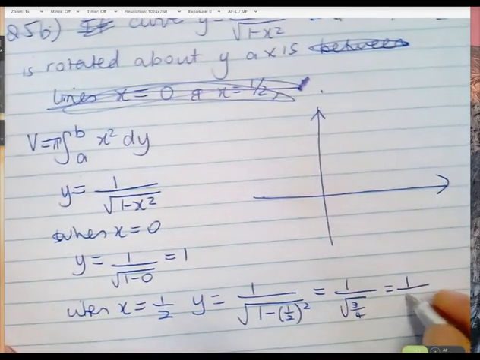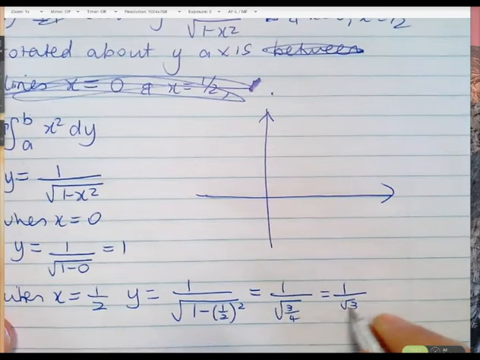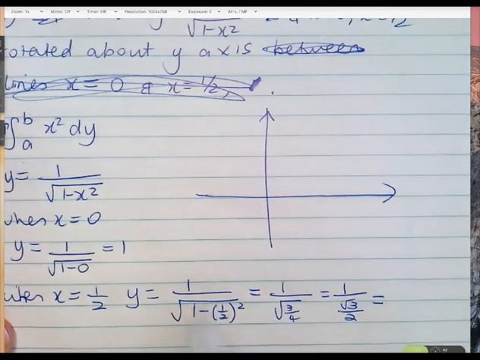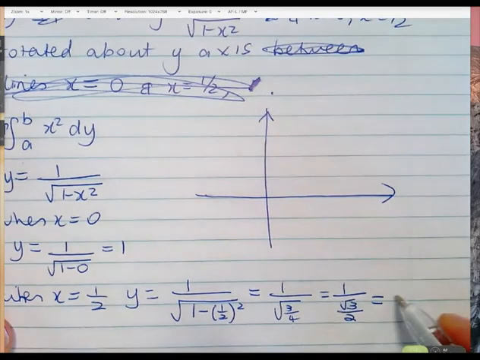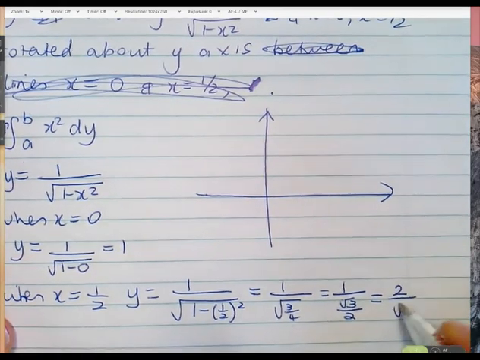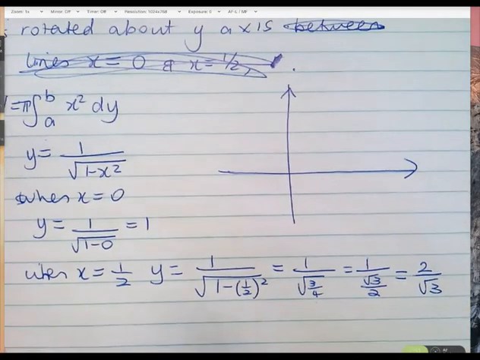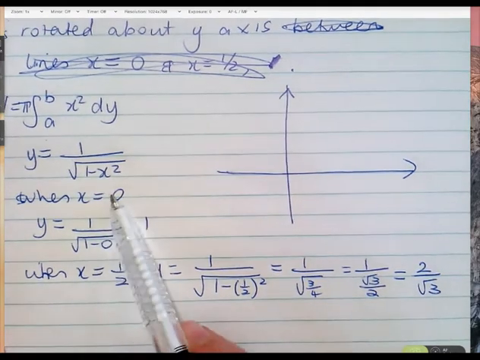What is it, girls? That's right. It's 1 over the square root of 3 divided by 2, because it's 1 divided by the square root of 1 minus a quarter, which is 3/4. Square root of 3/4 is square root of 3 over square root of 4, which is 2. So it's 2 over root 3. So that's your b and a. And it doesn't matter which one's bigger and which one's smaller.